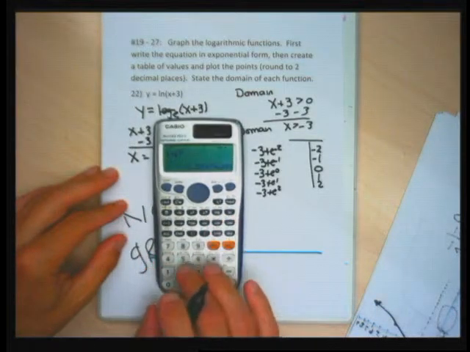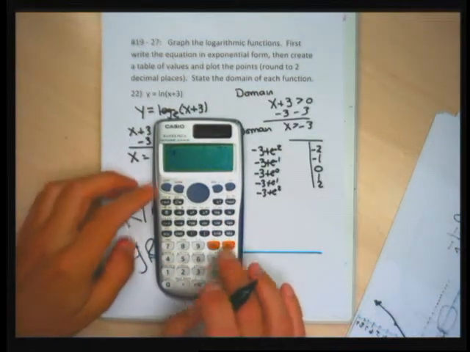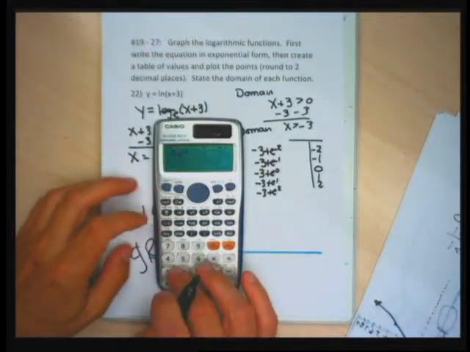So first one, -3 plus shift ln e to the -2.